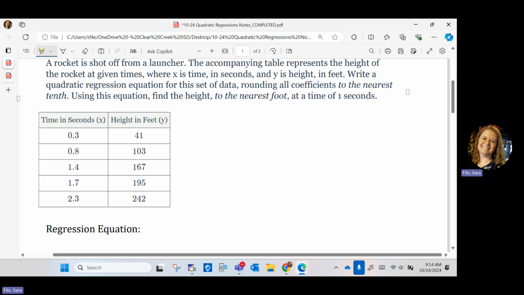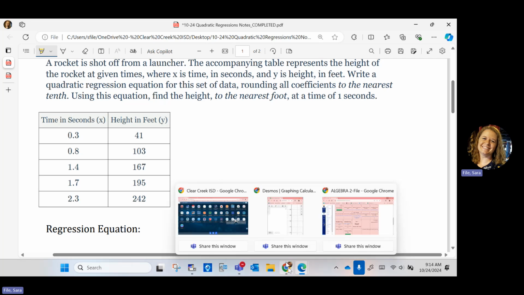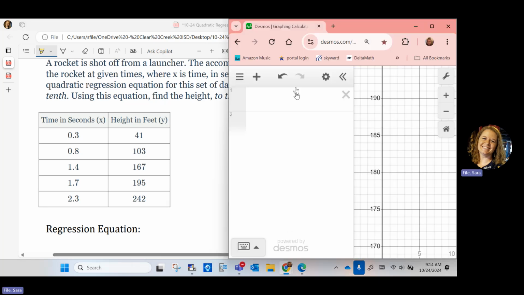So the first thing I'm going to do is open up Desmos, and I'm going to follow those steps at the top of your notes. I'm going to hit the plus sign, add item, and then I'm going to choose table. Now I'm going to enter the data from this table.